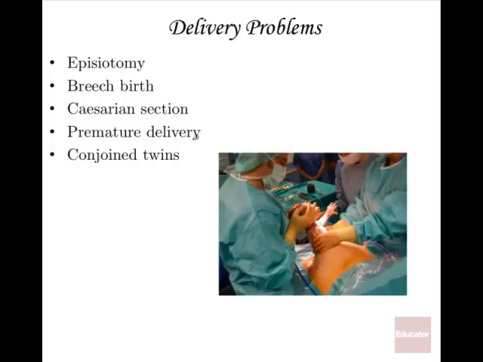Premature delivery is if, prior to the end of the third trimester, the baby comes out really early, like labor pains in week, let's just say, 35 or week 30 or even late 20s.